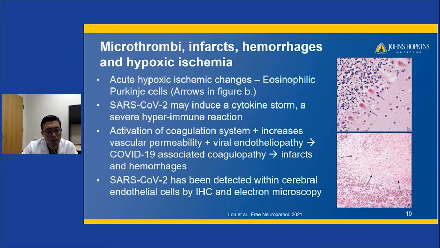A lot of insult there, and we know that COVID-19 causes endothelial dysfunction along with the coagulopathy, and that also causes infarcts and hemorrhages in the brain. And as it turns out, SARS-CoV-2 can be detected within endothelial cells in the brain by immunochemistry and electron microscopy.